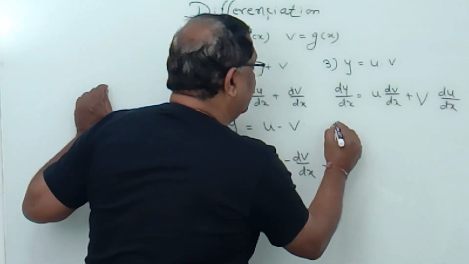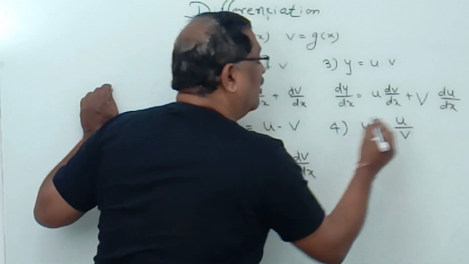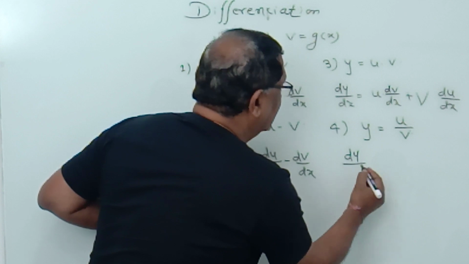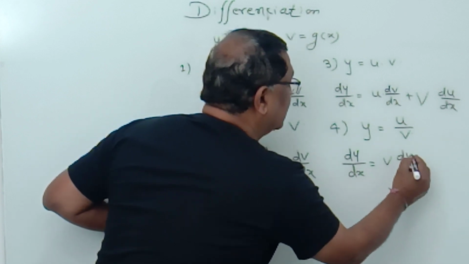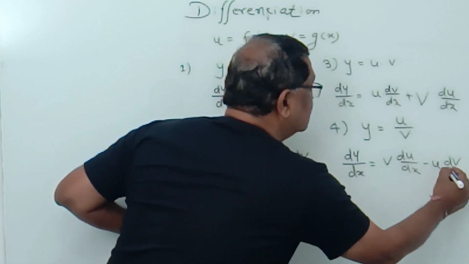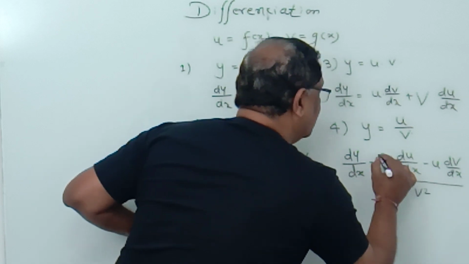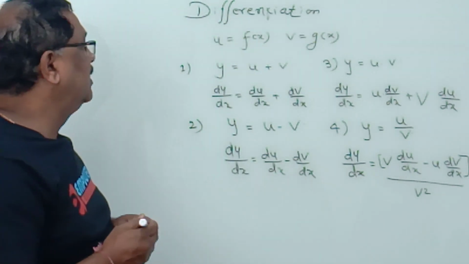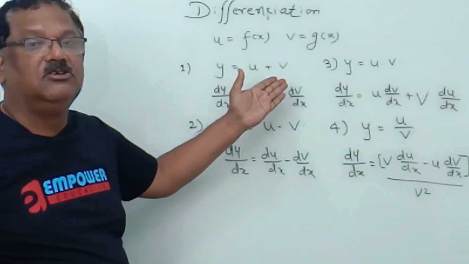And the fourth case is division, where y is equal to u upon v. Then dy by dx is equal to v du by dx minus u dv by dx, upon v square. This is your numerator, this is your denominator. So for the first operation, addition, it is simple: dy by dx is du by dx plus dv by dx.